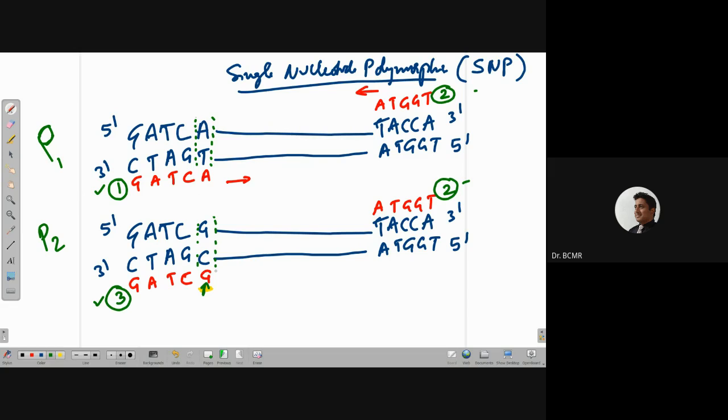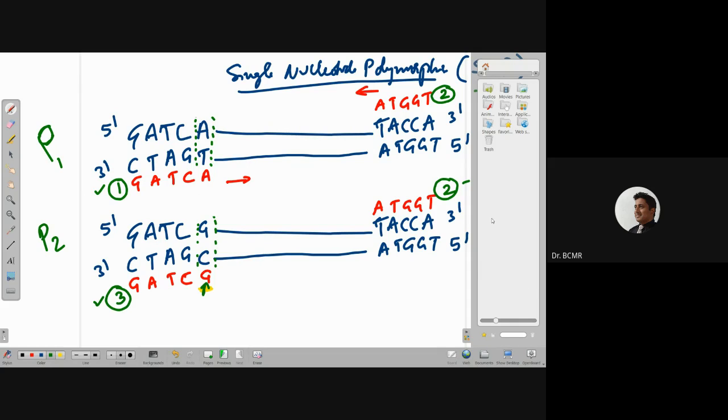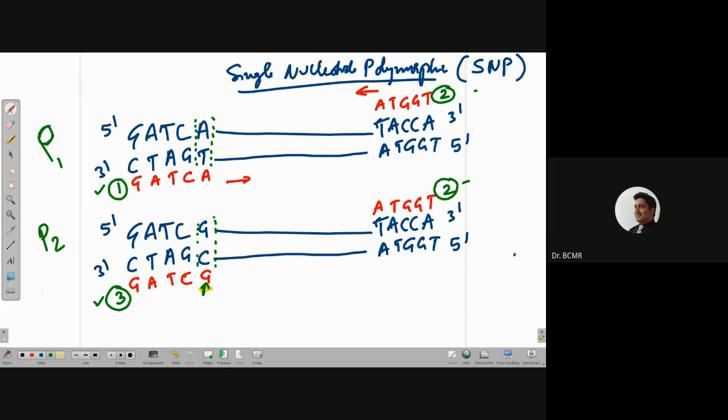Try to have a mental map of this, and maybe we will also make a picture out of it.